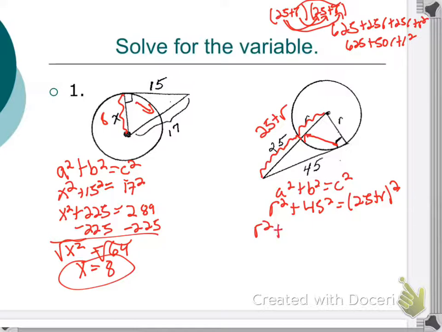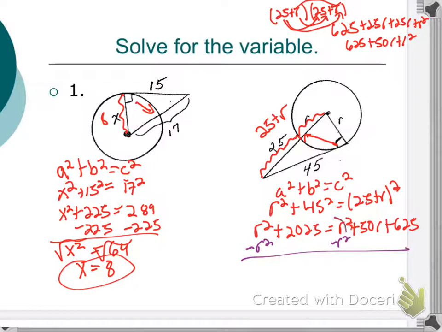So I'm going to go down here, I'm going to rewrite this in. R squared plus 45 squared is 2025, and we get r squared plus 50r plus 625. And now we're just combining like terms. The first thing I'm going to combine are my r squareds. Subtract over an r squared. When this happens, they go away. And then I'm going to subtract over my 625.